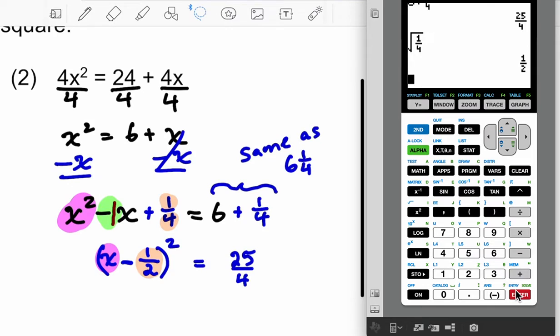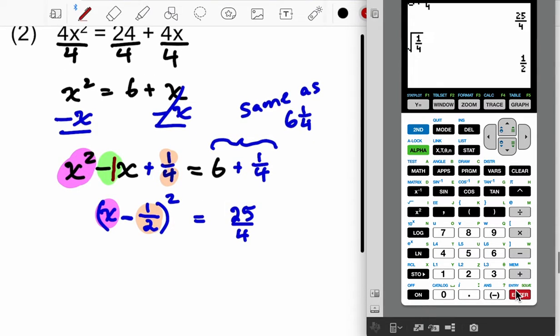It'll simplify it for me, but only if it's rational, if it's a perfect square. So it'll do the work for you. And we might need it again in a second, because for the 25 over 4, we're going to have to take the square root of that. So getting to know the features in your calculator is pretty useful, obviously.